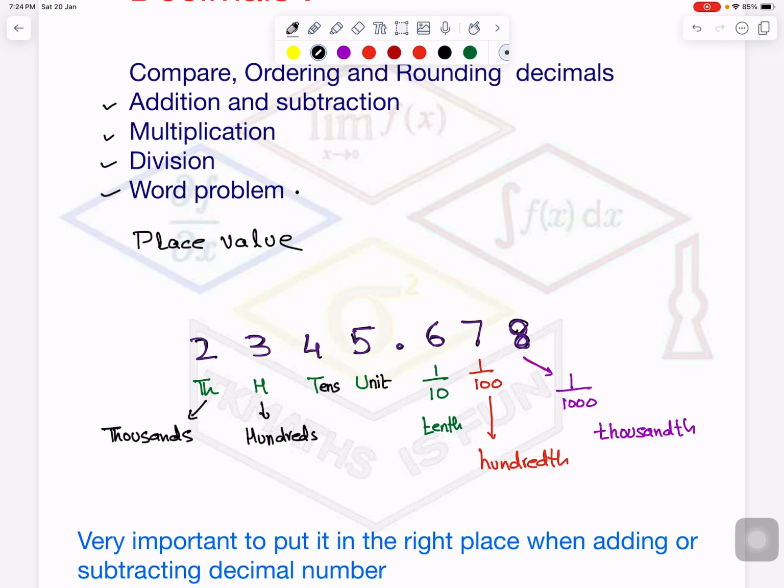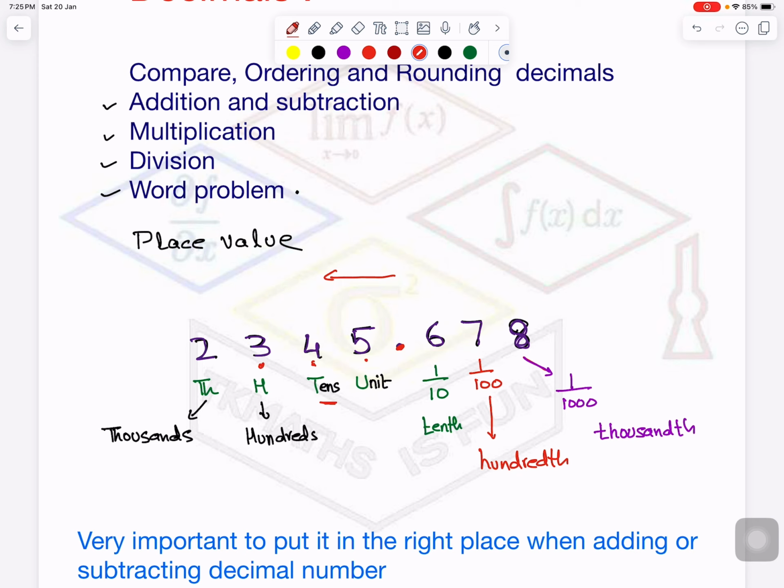To understand the concept of decimal numbers, you need to understand the place values very well, right? So if this is a decimal here, I'm first of all talking about the left hand side. The first digit, for example, is 5. Its value is 5 and its place value is units. Now this second digit, which is 4, its place value is tens, so its value is 40.